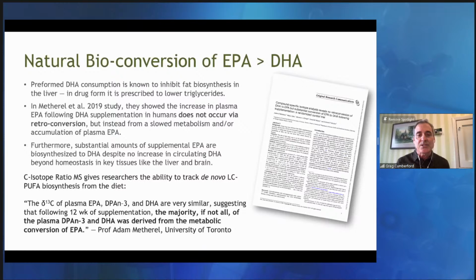And so it's important to recognize that when we put a lot of emphasis or focus on preformed DHA consumption, that's actually known to inhibit fat biosynthesis in the liver. And there's drug forms that are actually prescribed to lower triglycerides.